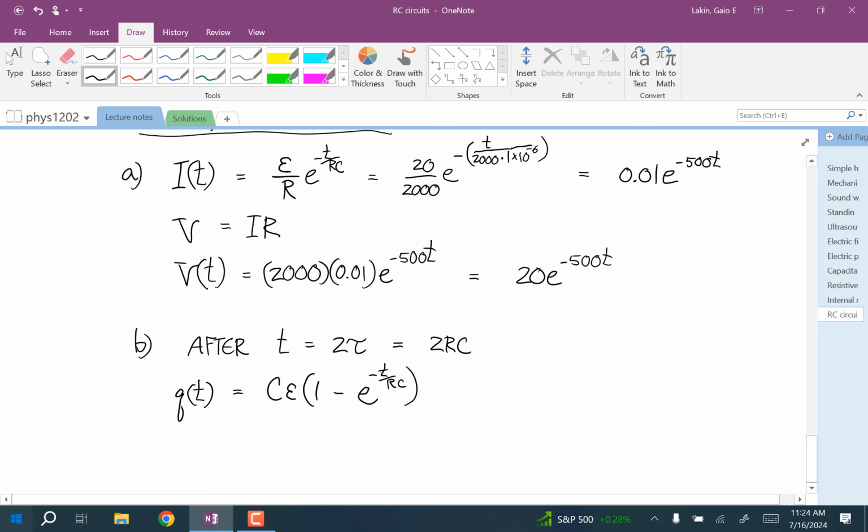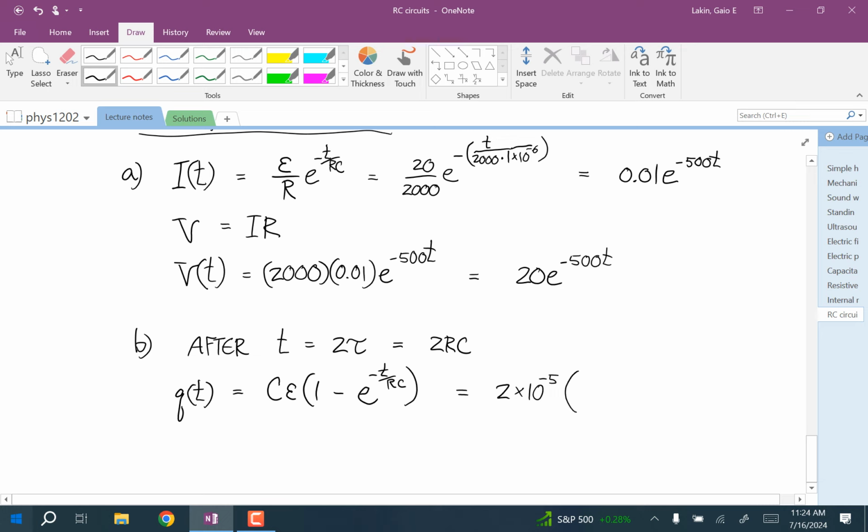Now we can put the values in. The capacitance times the EMF comes out to be 2 times 10 to the minus 5.